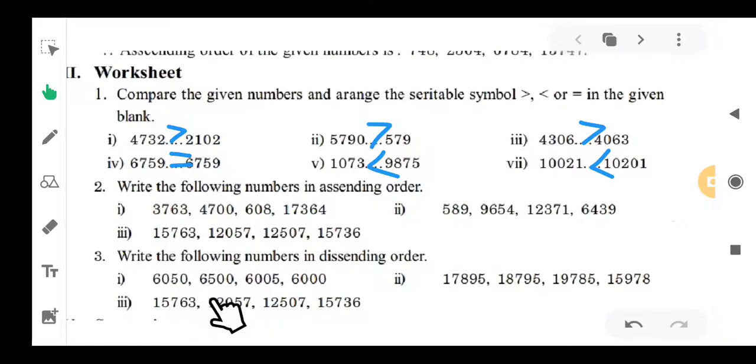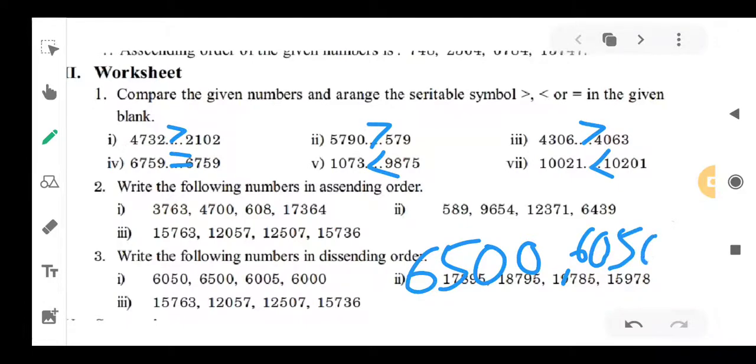So after 6,500 which will come? So first of all you have to write 6,500. After 6,500, in these 3 numbers go for next place. This is 5, this is 0, this is also 0. So 6,050 will take the second place. So for next one, compare the another one.